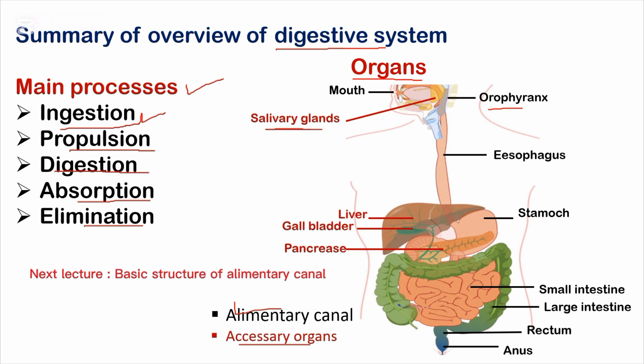The organs of the alimentary canal are mouth, oropharynx, esophagus, stomach, small intestine, large intestine, rectum and anus. Accessory organs are salivary glands, liver, gallbladder and pancreas. The main difference is that food passes through the alimentary canal, but food does not pass through these accessory organs.